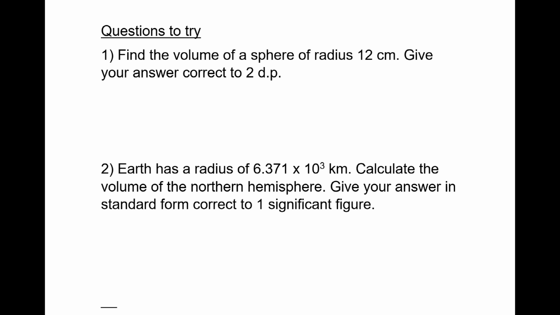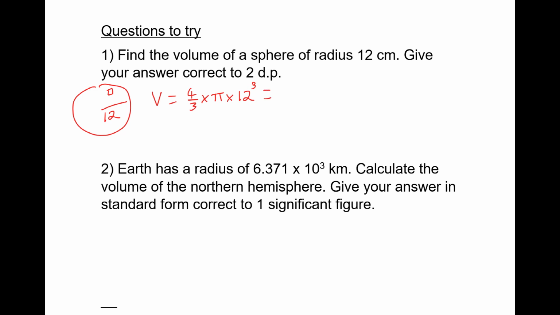Okay, let's go through the answers. For the first one, you've got a sphere of radius 12 centimeters. So the volume is going to be 4/3 times pi times 12 cubed.